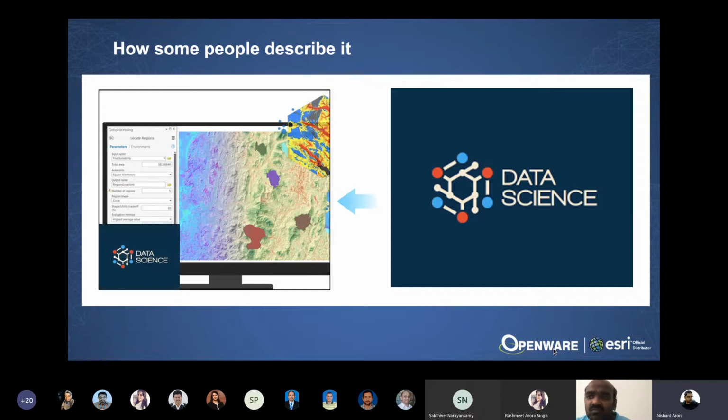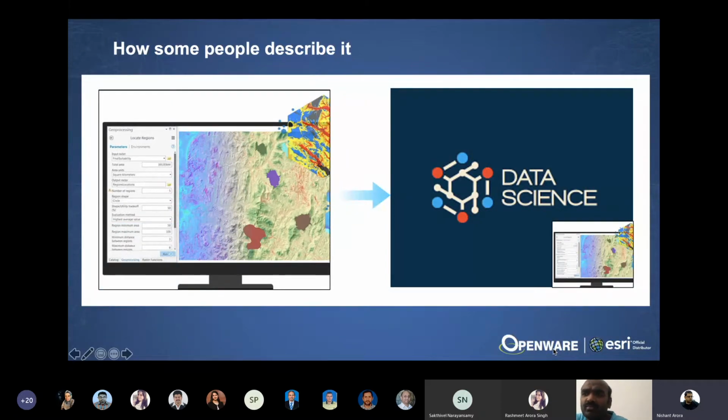But if you look at other people, they describe that they don't see data science as part of GIS, but they believe that GIS offers tools that fall in the purview of data science category. And to work with data science, data scientists need to have knowledge of coding, probably of R, Python, SQL. Now, the coding that I'm referring to here is scripting, rather than writing a software application in this context.